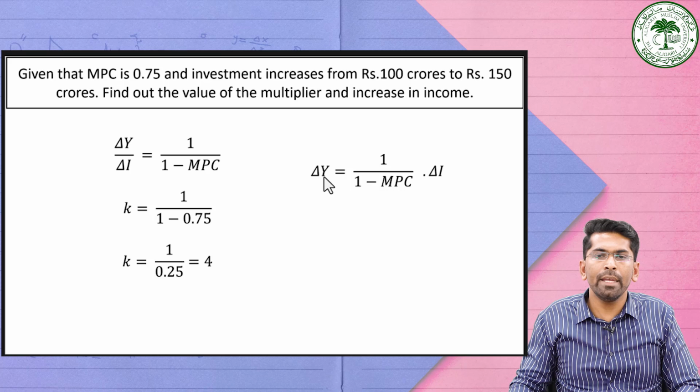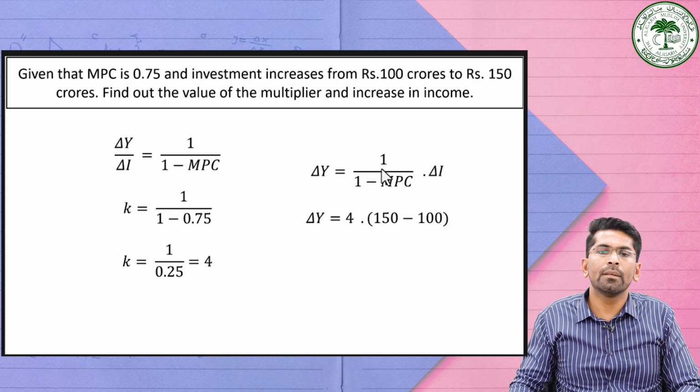Delta Y shows how much change in the level of income is due to changes in the level of investment. So here delta Y is equal to 1 by 1 minus MPC, which we already calculated is 4.